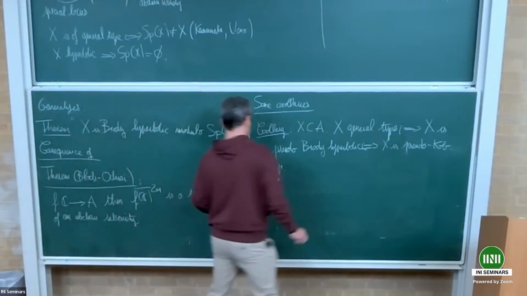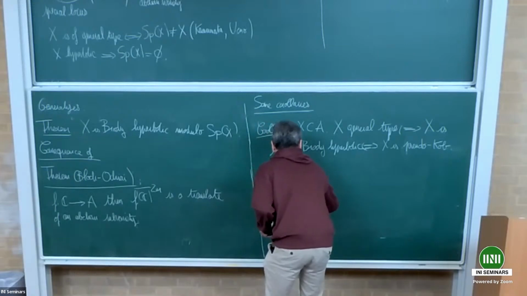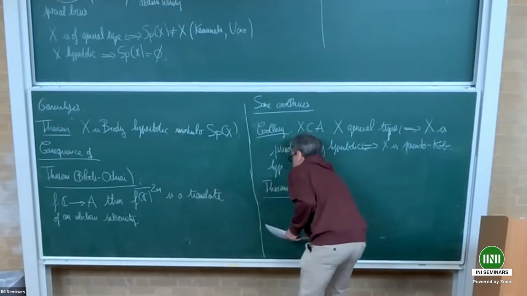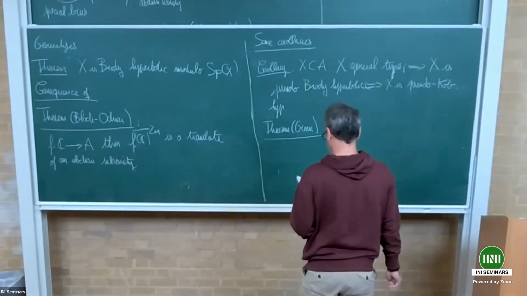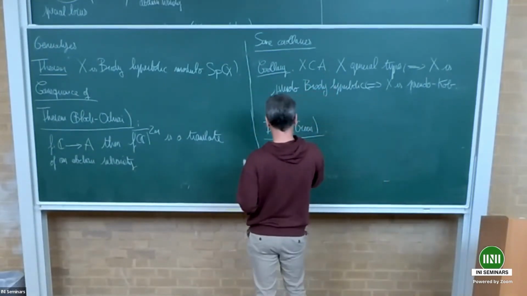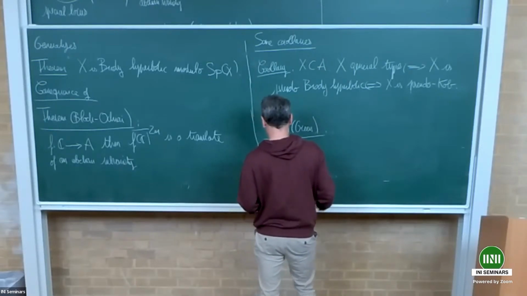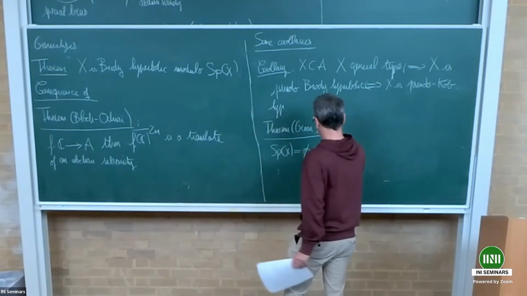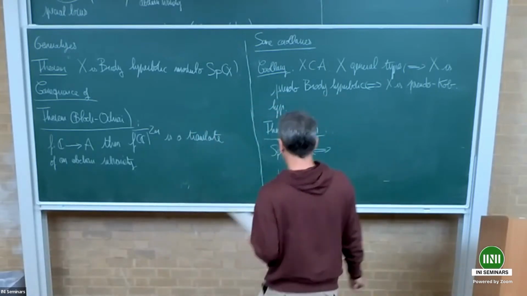Now I will explain some former results. Let's start with a theorem of Green, which is a special case of empty special locus.